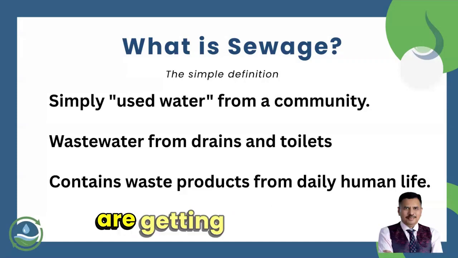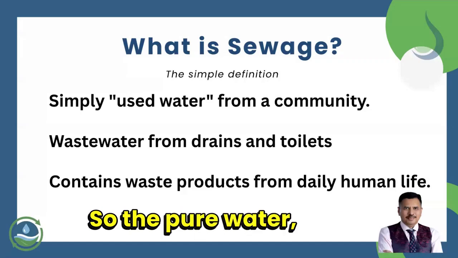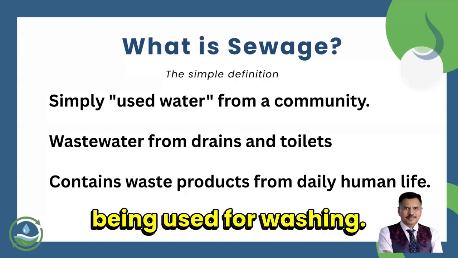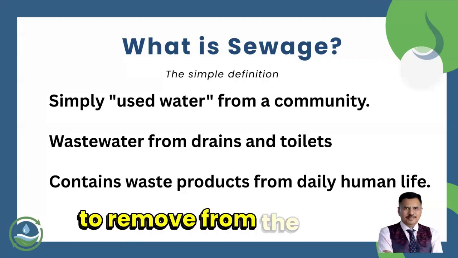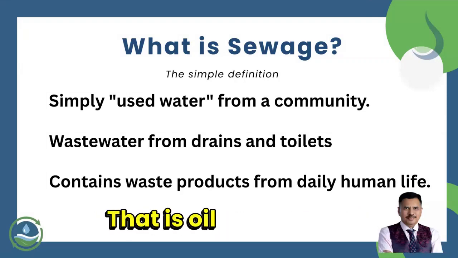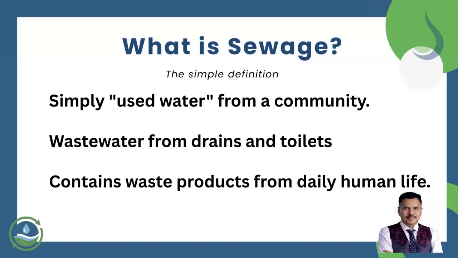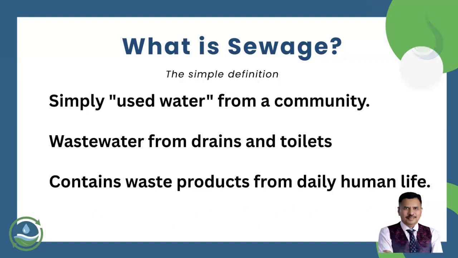These are the things that are getting transferred from cloth into the water. So the pure water, it was before being used for washing, now it contains a large quantity of soap, a very small fractional quantity of fabric, oil and grease, and dust particles. So this does not contain anything that is coming from outside. It contains basically things that we use on a daily basis.